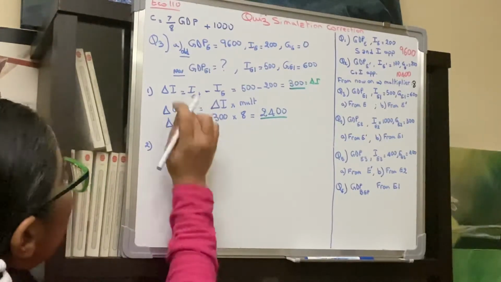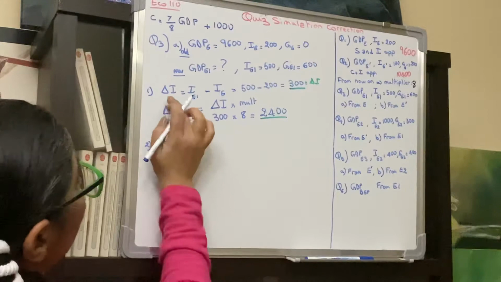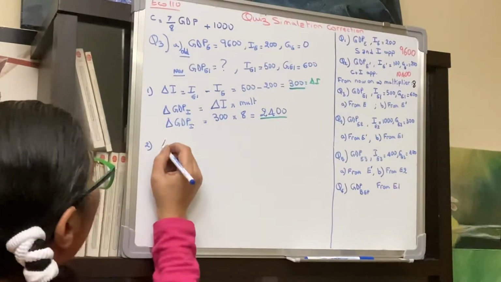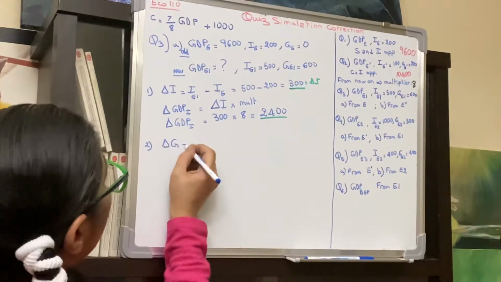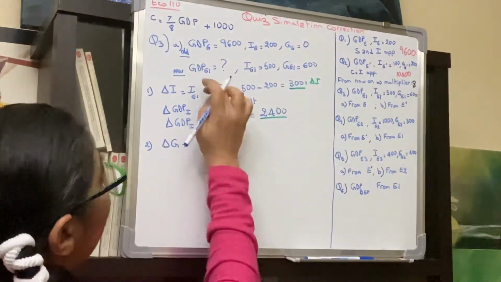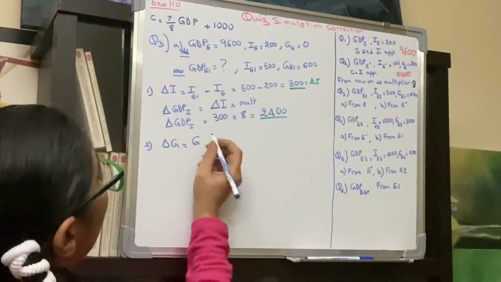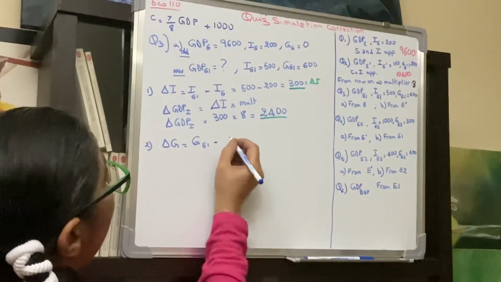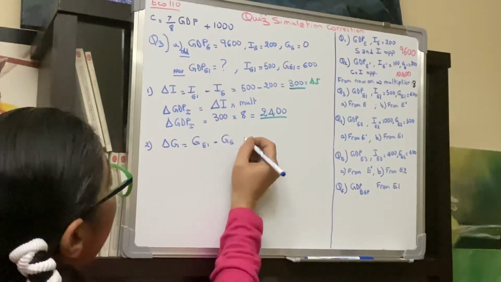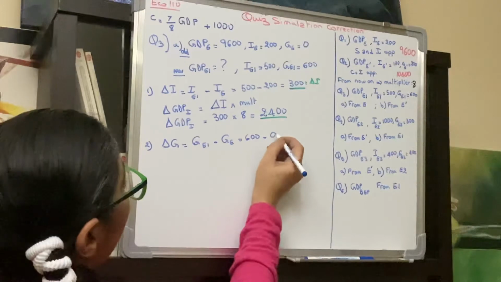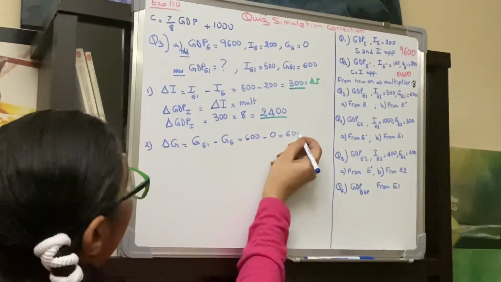The first thing I need to do to calculate delta GDP is to find delta G in this case. So delta G in the government is equal to the new minus the old. So delta G is equal to G at E1 minus G at E, which is equal to 600 minus 0, which is equal to 600.